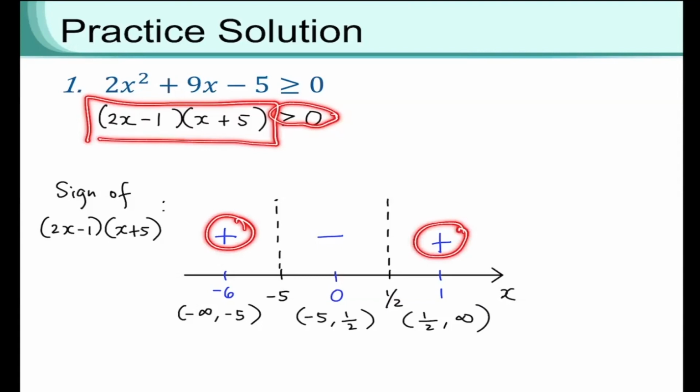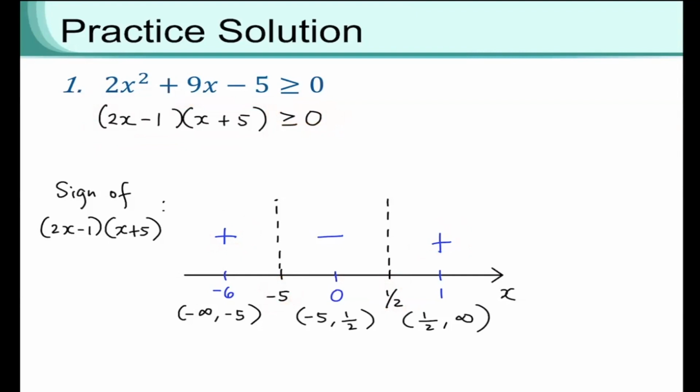But what are the x values that will make it 0? These two values. So therefore, for the answer to this problem, we have to choose the positive intervals, and also the x values that will make it 0. So we have to choose negative 5 and then 1/2.